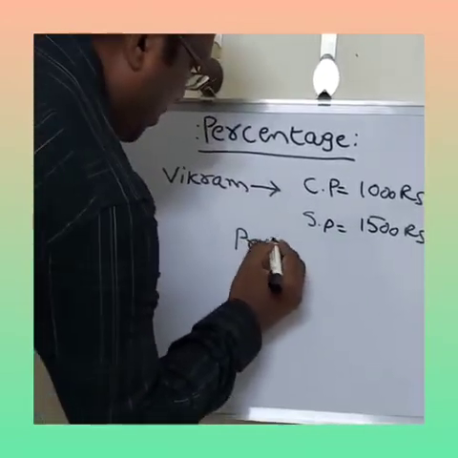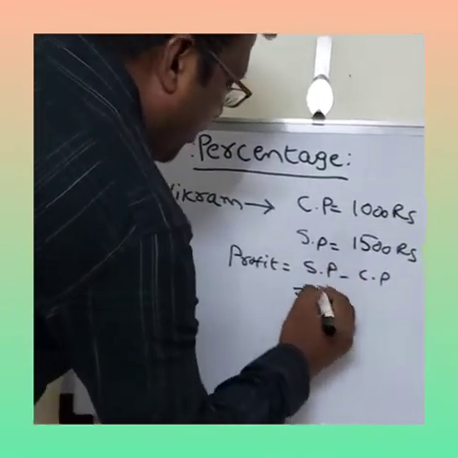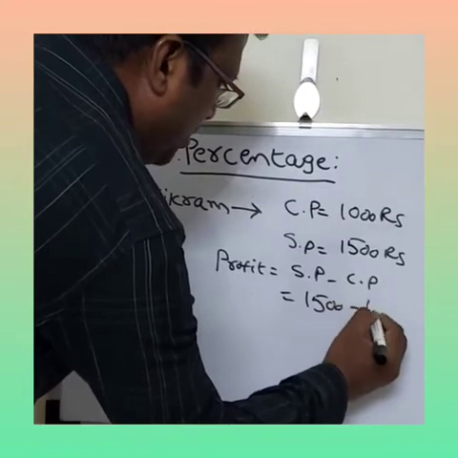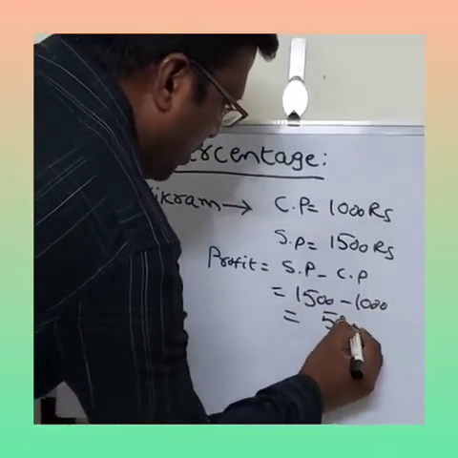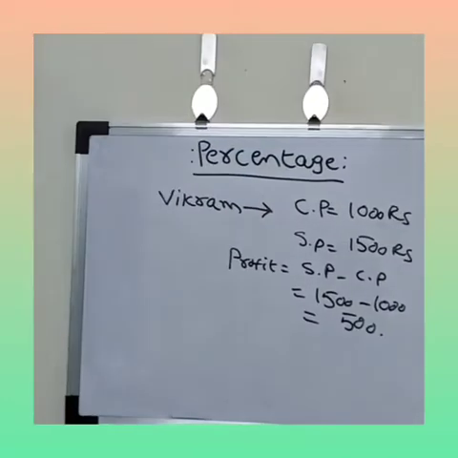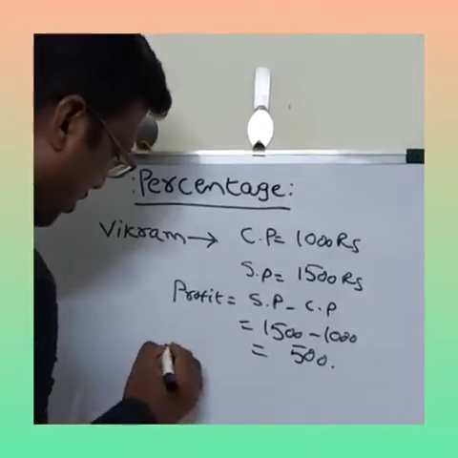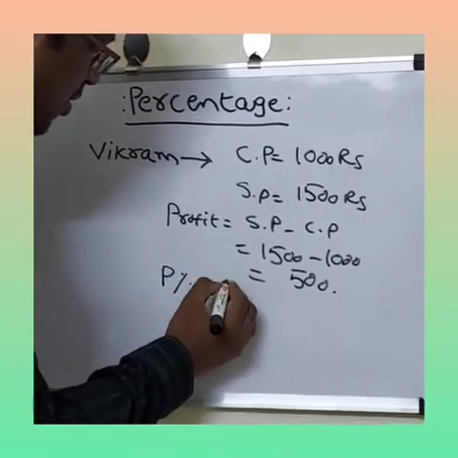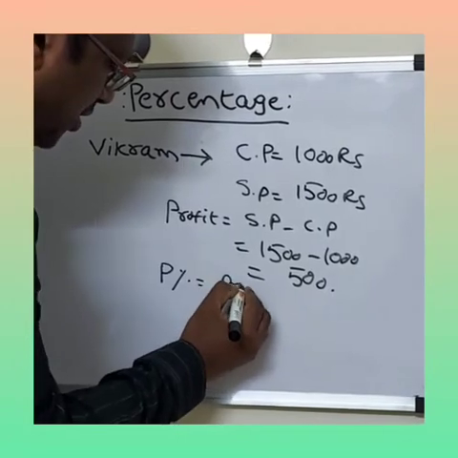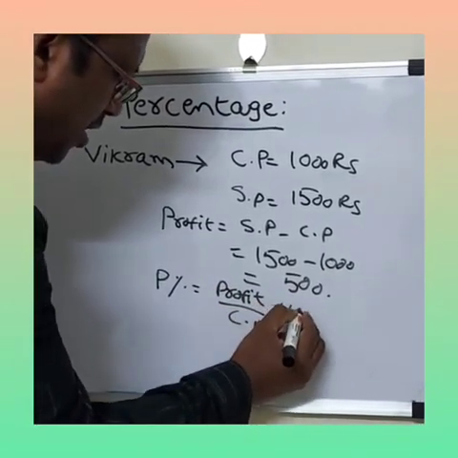Profit equals selling price minus cost price, that is 1500 minus 1000, which gives 500. So what is the profit percent? Profit percent is profit by cost price into 100.